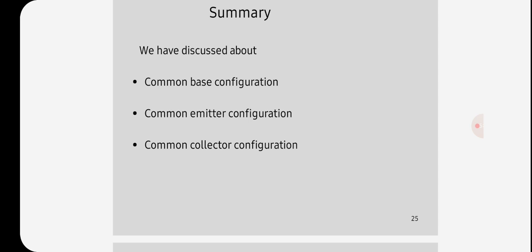It also has the input resistance. It is the ratio of small change in base emitter voltage to the resulting change in the base current at constant collector emitter voltage. And the output resistance is the ratio of change in collector emitter voltage to the resulting change in collector current at constant base current.